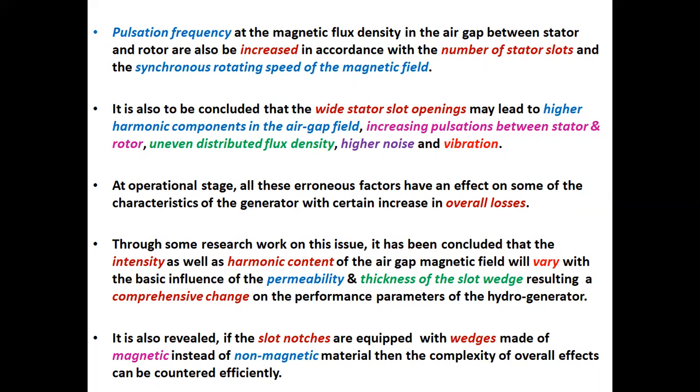It is also revealed that if the slot notches are equipped with wedges made of magnetic instead of non-magnetic material, then the complexity of overall effects can be countered efficiently.